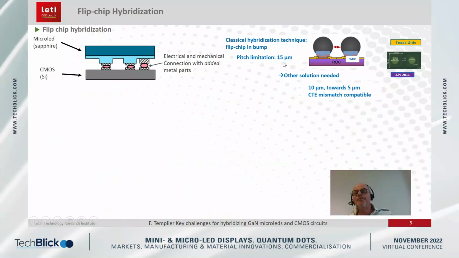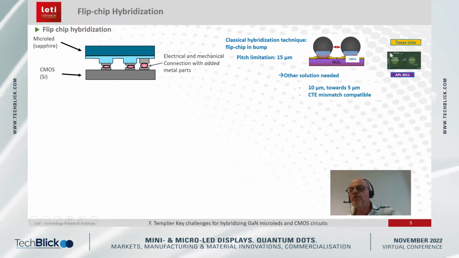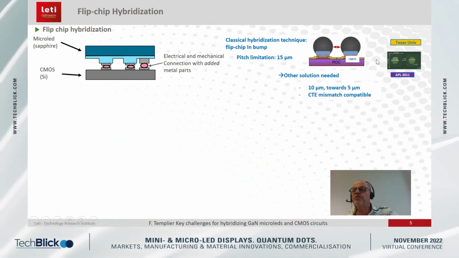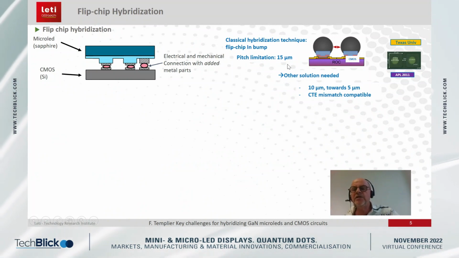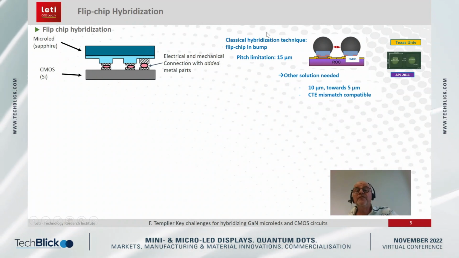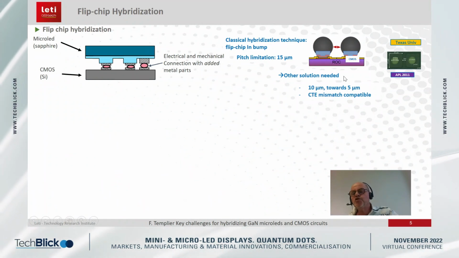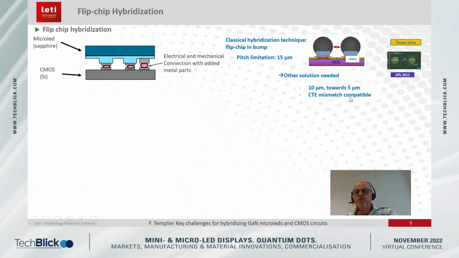To my knowledge, the first demo of actual micro LED displays was made by Texas University at a pixel pitch of 15. 15 was very nice, but it is limited due to the use of these bumps. For micro displays, we need smaller. Why is it limited? Because of the technology, the temperature, and so on. So we need to find a solution where we can go to a smaller pitch.